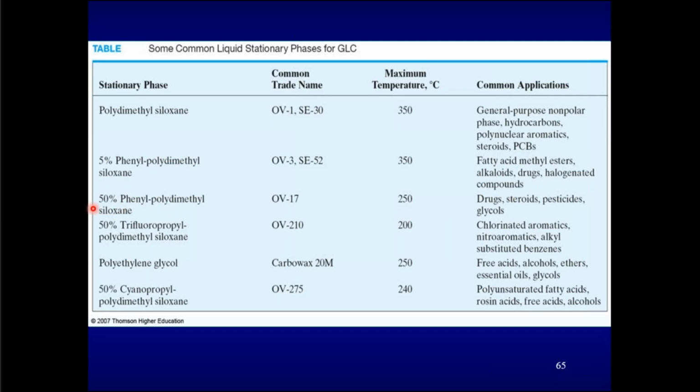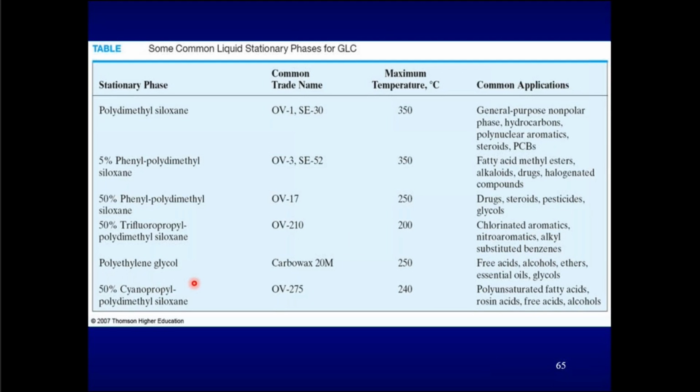Similarly, you have 50% phenyl polydimethyl siloxane, with a much lower maximum temperature of 250 degrees centigrade, which can be used for separation of drugs, steroids, pesticides, and glyphosate. 50% trifluoropropyl polydimethyl siloxane has a maximum temperature of 200, which should not be exceeded, and it is used for separation of chlorinated aromatics, nitro aromatics, alkyl substituted benzene.